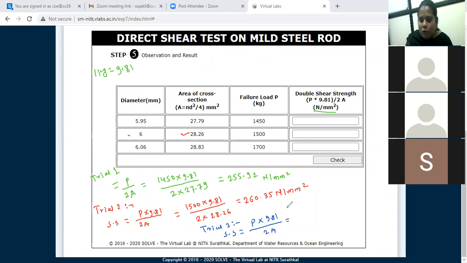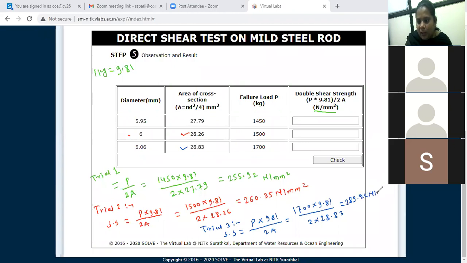So 2A, which is equal to the applied load for trial 3, 1700 kg into 9.81, divided by 2 into the cross-sectional area for the third trial, 28.83, which is equal to. Calculate and tell me how much. It is 289.22.